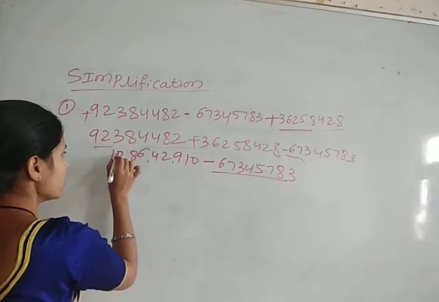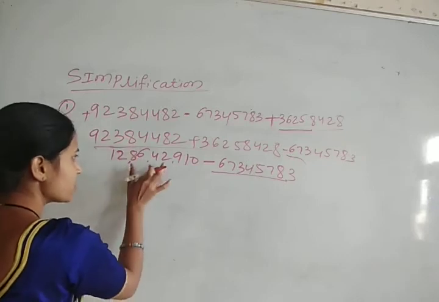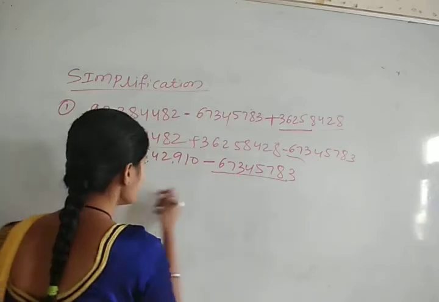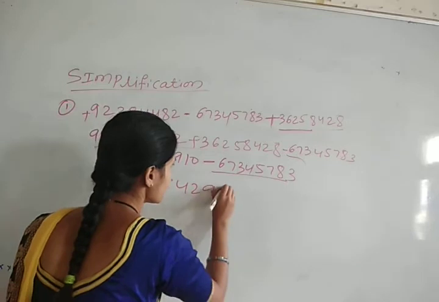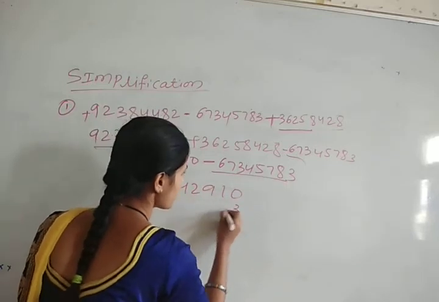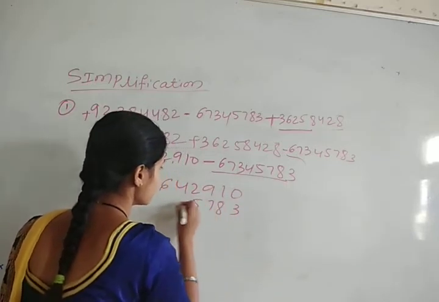So because here the first number is the bigger one, from this bigger number we are subtracting the second one. So now let us subtract 12,86,42,9,10. From this I am subtracting the second one. Okay.